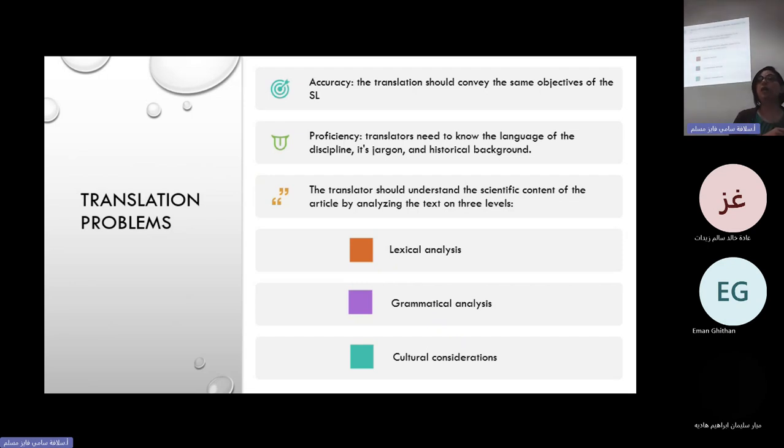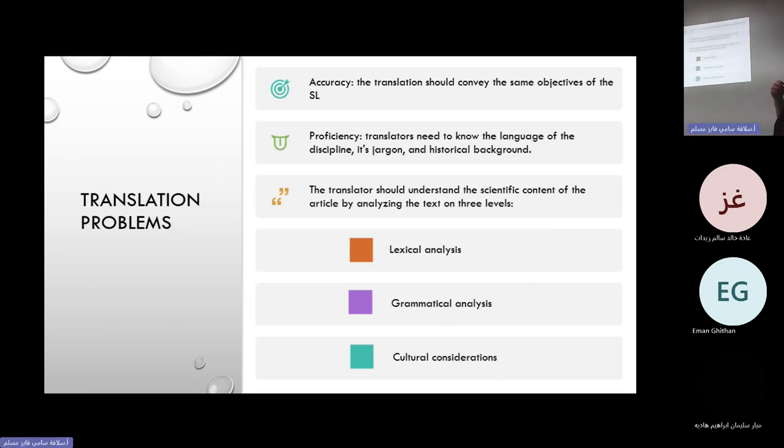To be a technical or scientific translator, you need to be proficient in the language, okay? Not only in the language, in the discipline itself. Yani, if you want to become a translator in the medical field, you need to have the background in medicine, okay? In order for you to translate medical documents, all right?